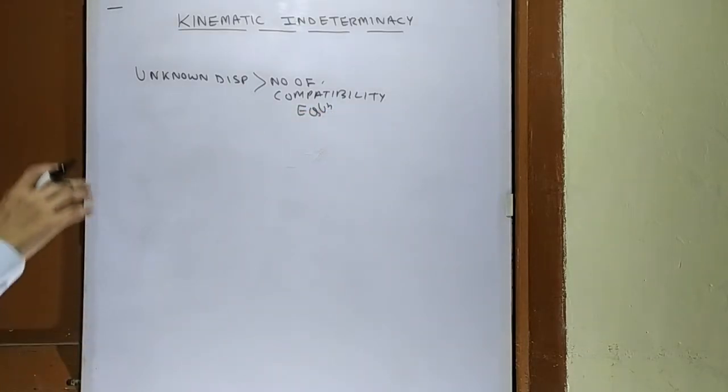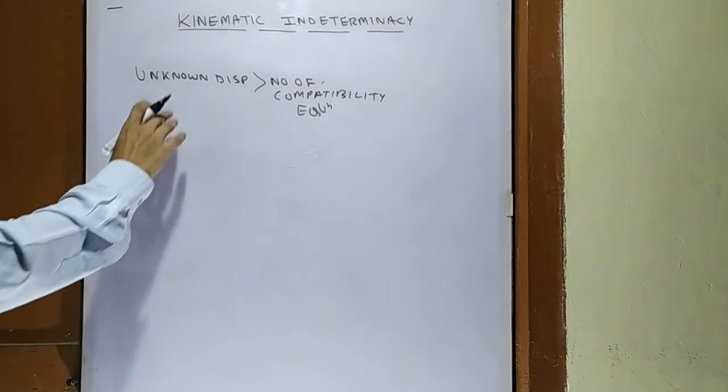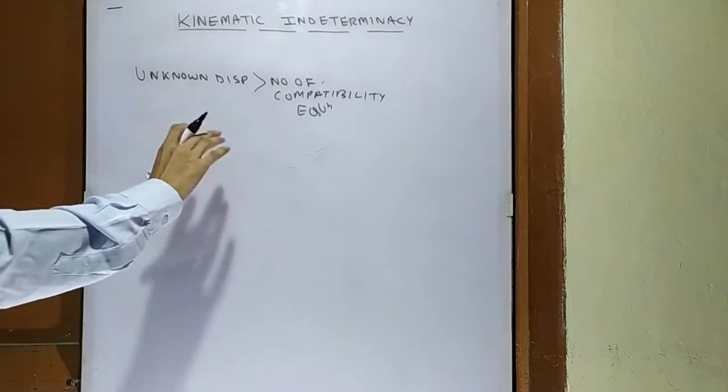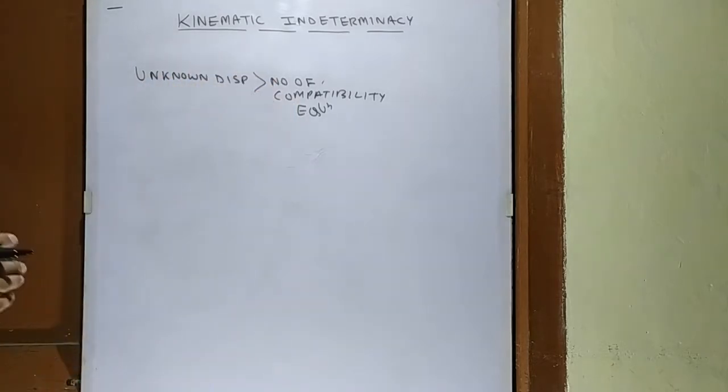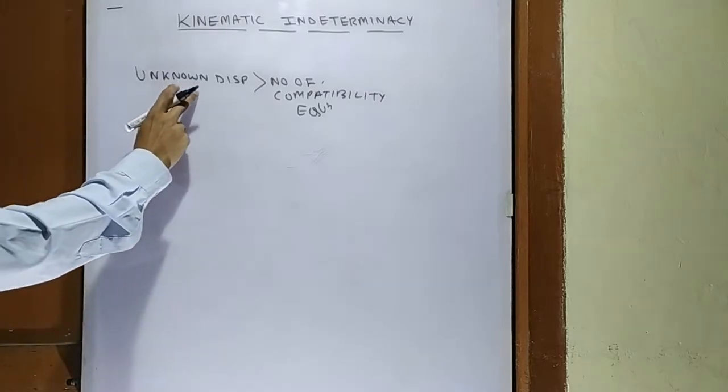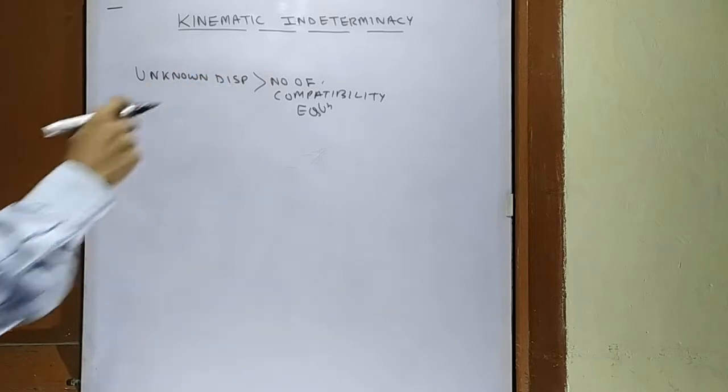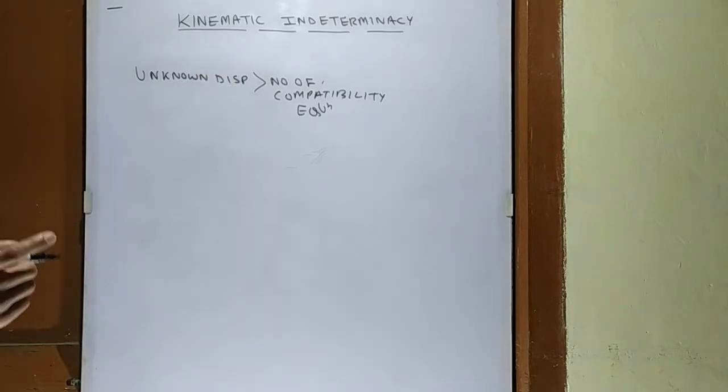Okay, now there are two terms which are very important to understand. First one is unknown displacement and the other one is compatibility equations. So a structure is said to be kinematically indeterminate if the number of unknown displacements is more than the number of compatibility equations available in that structure.